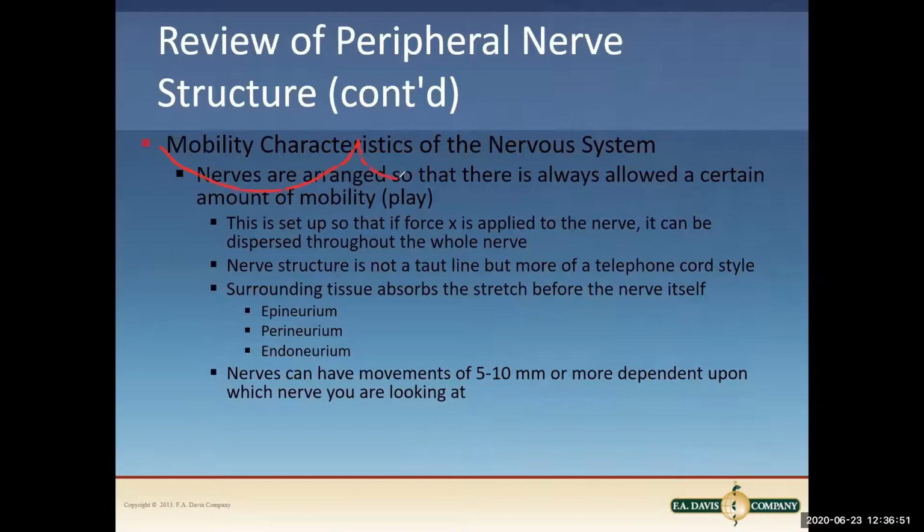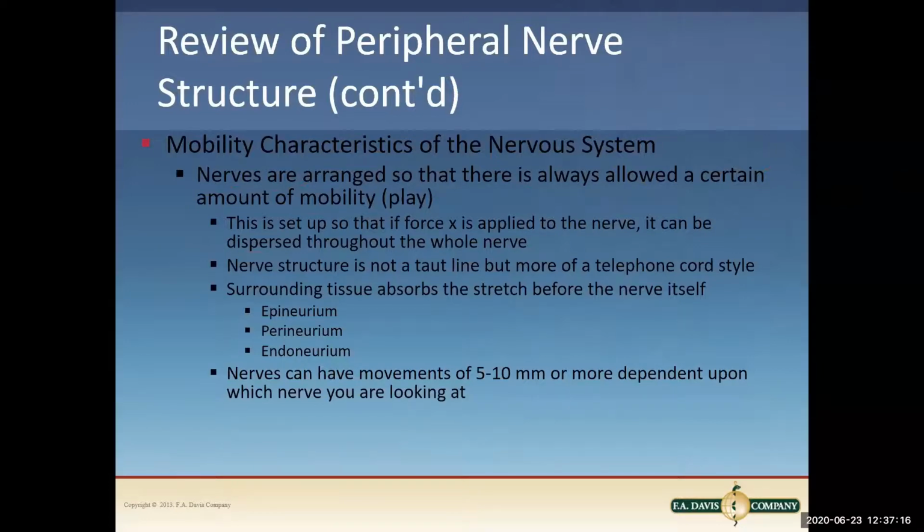Why is that? So that if one end gets pulled, there's room to lengthen. If we didn't have that play, we could tear our nerves a lot easier. It is really hard to tear nerves. It's not impossible, but it's made to be specifically difficult because those are what's going to deliver and receive messages.